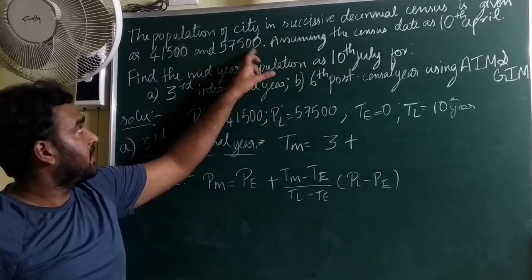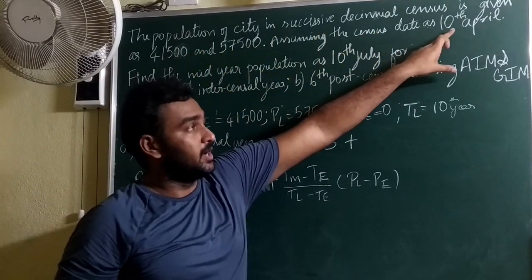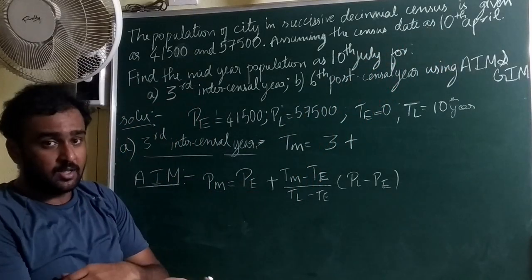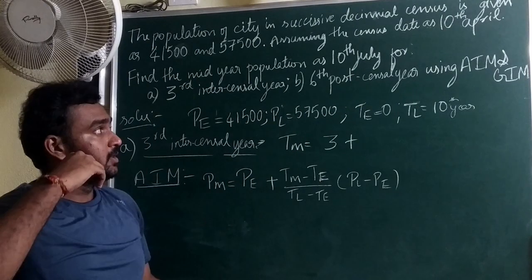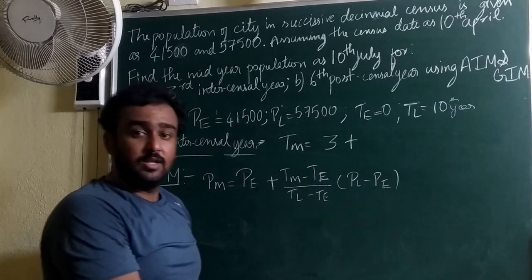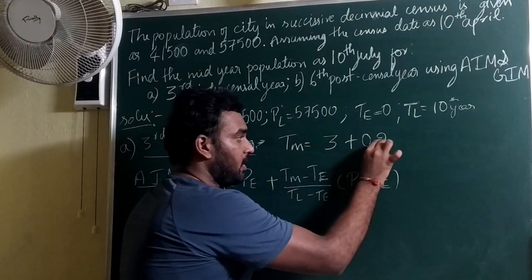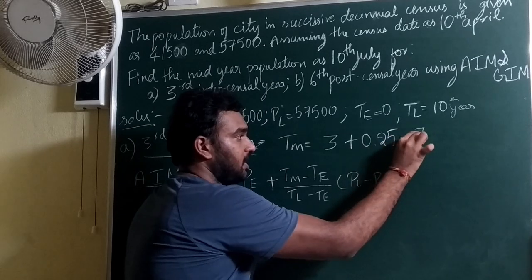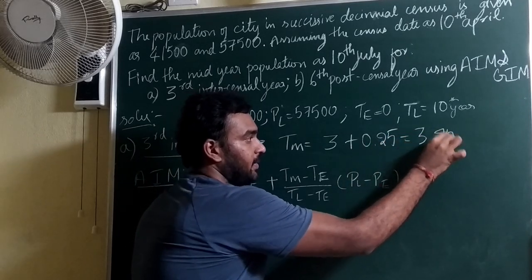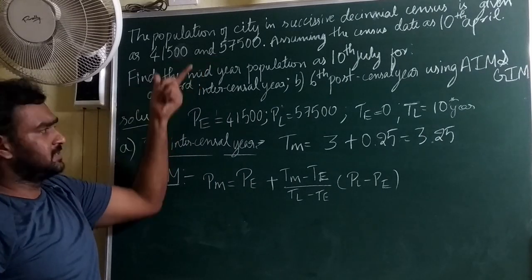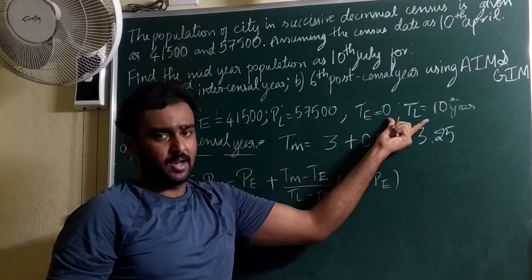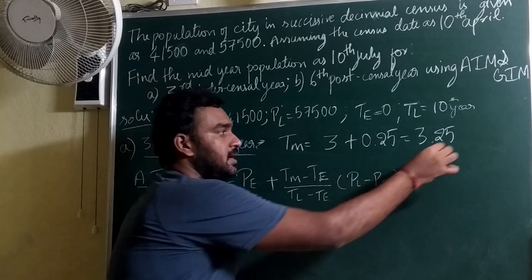The population data record is obtained on 10th April, but we need to estimate the population 4 months more than that, that is on July. So 3 months converted into years will be 0.25. So totally TM will be 3.25. TM is in between TE and TL, 3.25 is the TM.